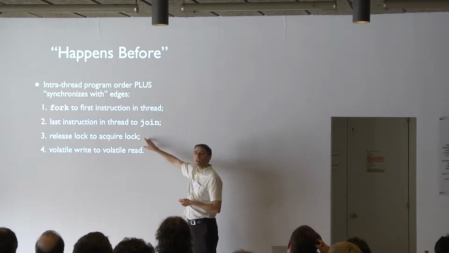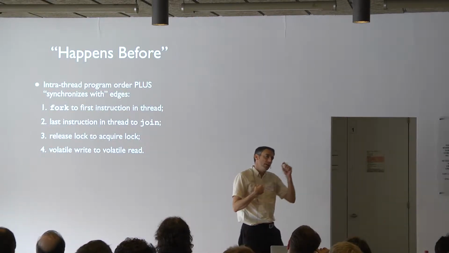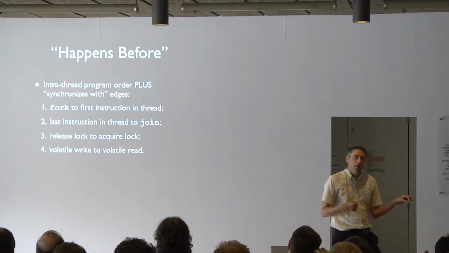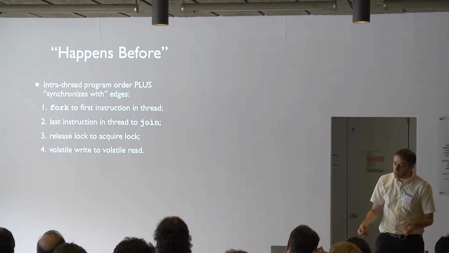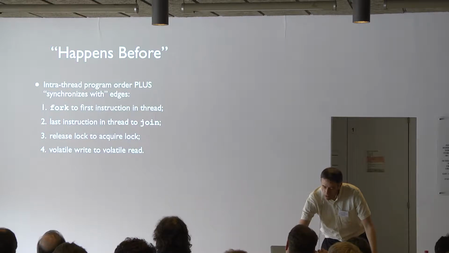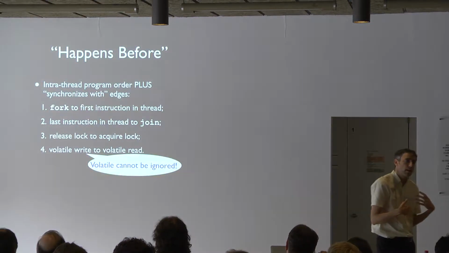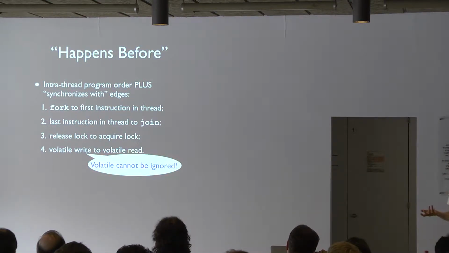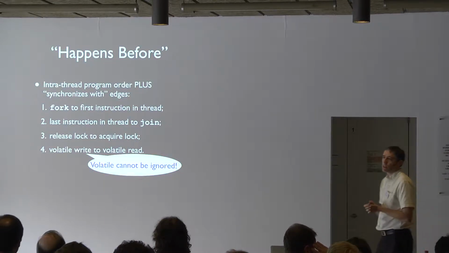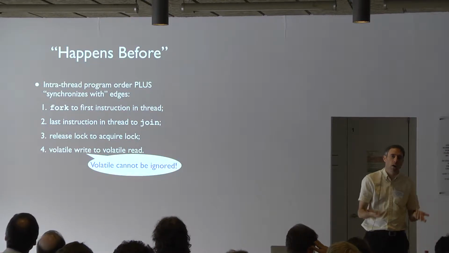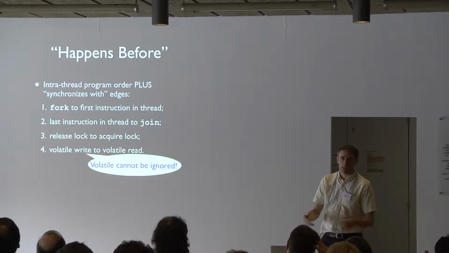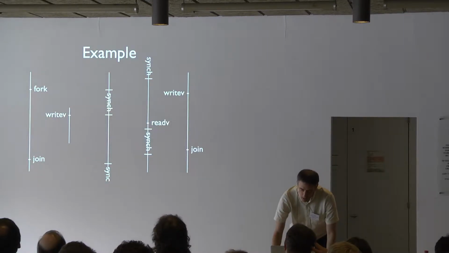If you release a lock, that will then synchronize with the next person who acquires that lock. And finally, if you write to a volatile field, you synchronize with everyone who reads it afterwards. And so that means you can't ignore volatility if you're going to try to model execution semantics and see if something is correctly synchronized. So very simple here.